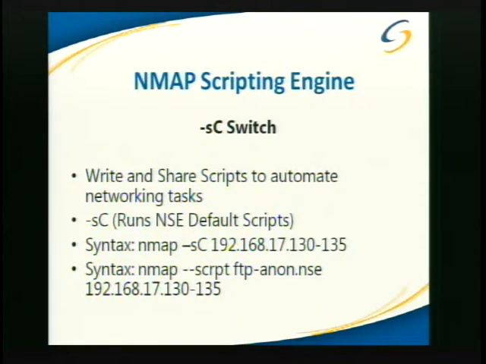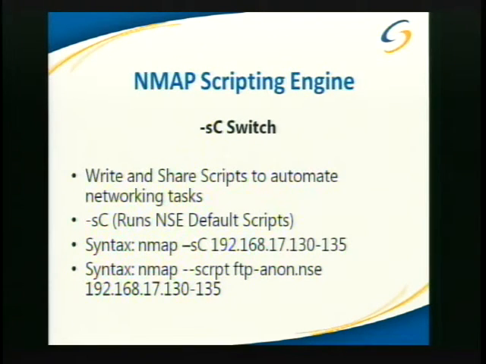What's nice about the scripting engine is it can help automate networking tasks. There are scripts out there to find what machines in your environment have SSL version 2 running on them. So if you specify that script, you tell Nmap, every box that has HTTP or HTTPS open on it, try to find out if it's running SSL version 2, and then come back and let me know.